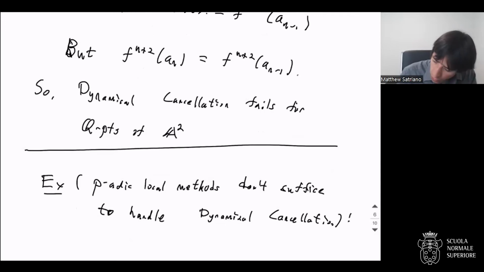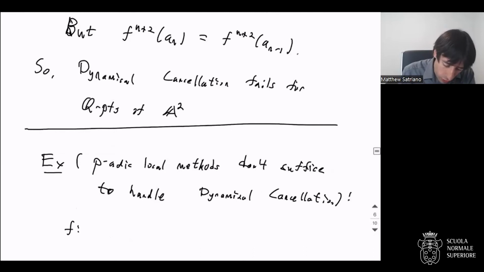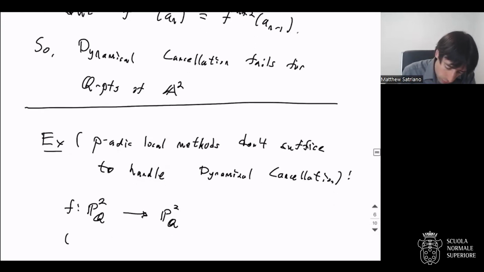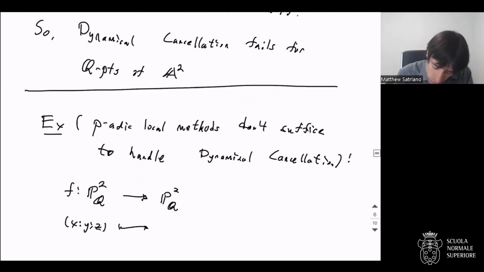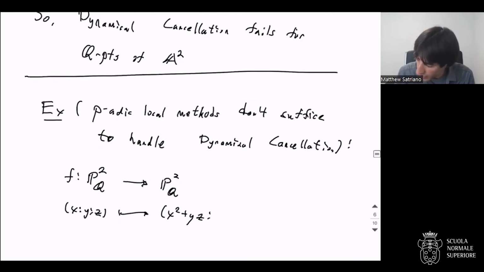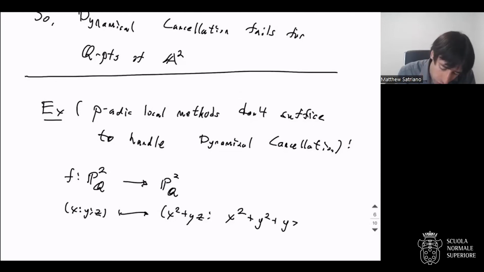Okay, and so I'll just write down one example for you: you can write down a specific map on P2. It's kind of the simplest possible map that you can imagine for surfaces, and it's just going to be given by quadratics. You can't really look at linears, that wouldn't be good enough, so you have to look at quadratics.